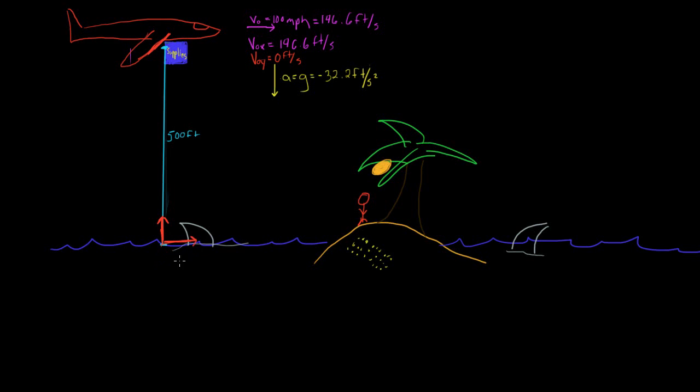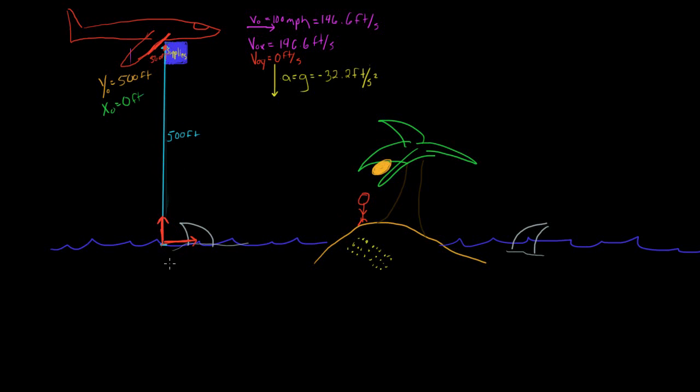So right here, this is our origin, which is where our supplies are dropped from. And the plane right here is at 500 feet. So our y naught is equal to 500 feet, and our x naught is equal to 0 feet because it starts at x is equal to 0.